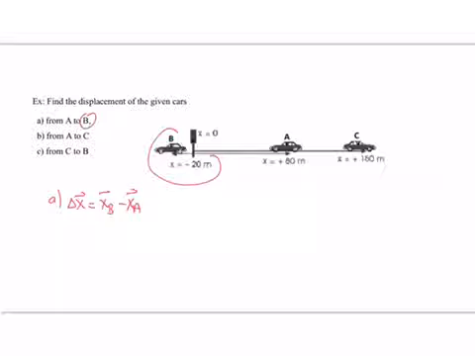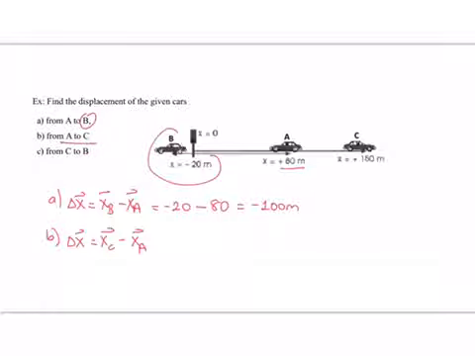xB is equal to minus 20 minus xA, the position A is equal to 80, which is equal to minus 100 meters. From A to C, the final position is C, so I subtract position A from position C. Position C is 150 minus 80, which is equal to 70 meters.